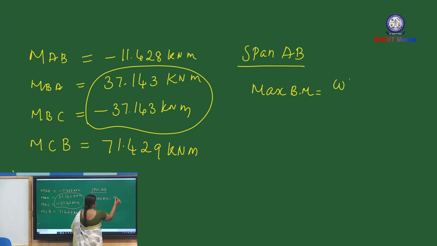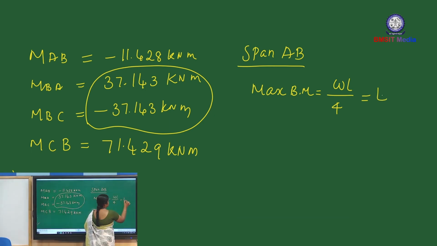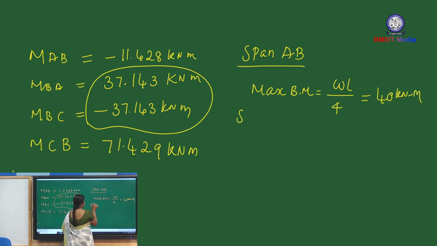For a beam with a mid point load, the formula is WL by 4. Substituting W equal to 40 kilonewton, L equal to 4, divided by 4, the final answer is 40 kilonewton meter.